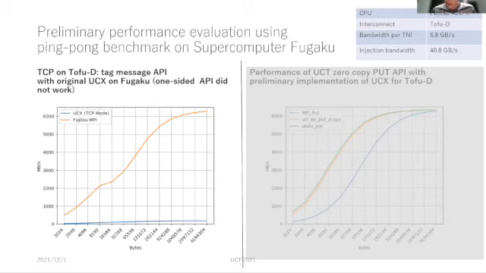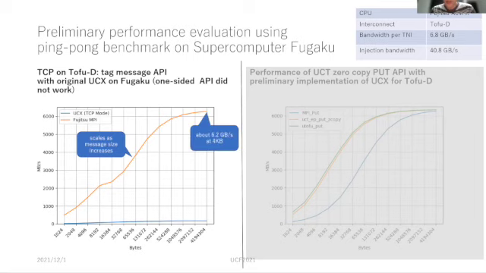If we focus on the bandwidth of MPI, it scales as the message size increases, and this is an expected result. At the largest message size within this range, we could achieve 6.2 gigabytes per second at 4 kilobyte messages.